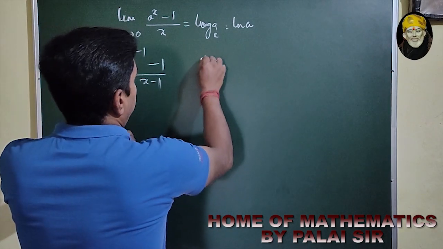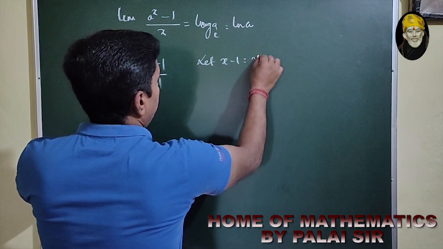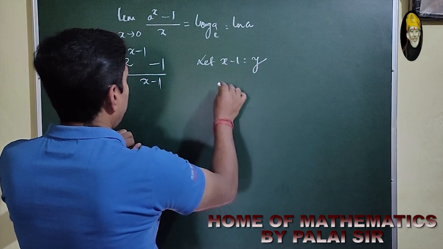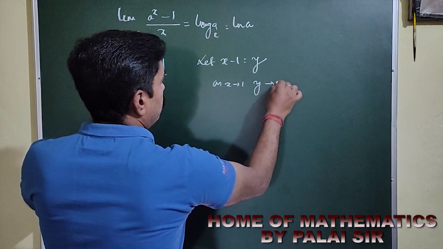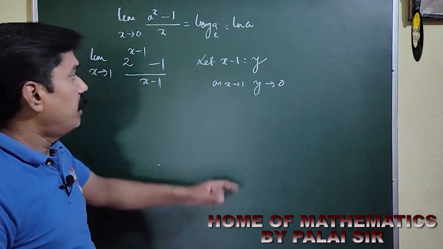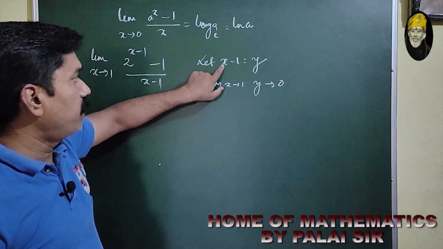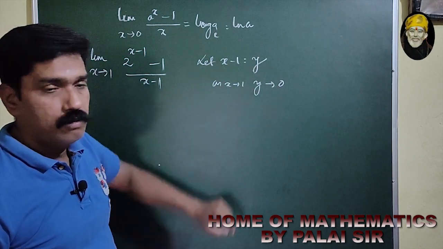Here you take let x minus 1 equal to y. As x tends to 1, y tends to what? 0. Because 1 minus 1 is 0. As we have taken y as x minus 1 and x tends to 1, you put 1 in place of x, 1 minus 1, you are getting the value of y as 0.